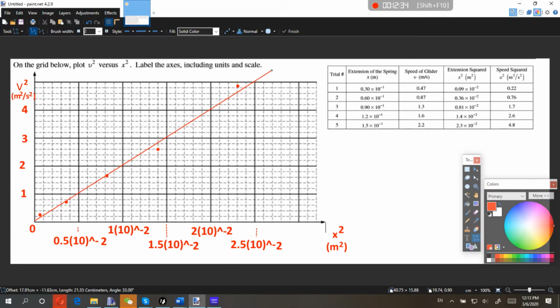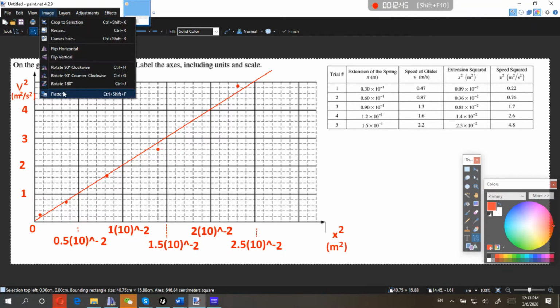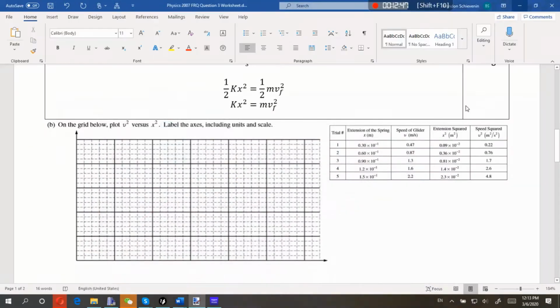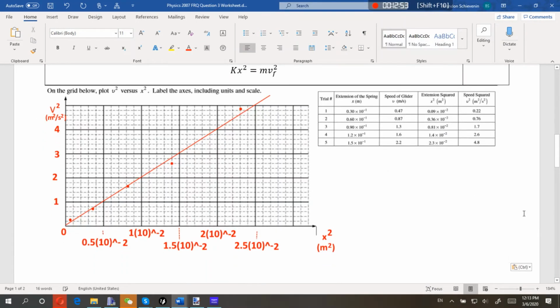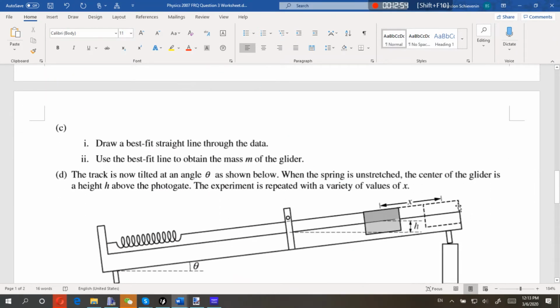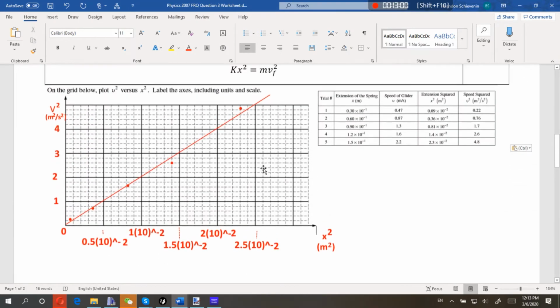Okay, so maybe something like that. Okay, draw best fitting line. We did that. Use the best fitting line to obtain the mass of the glider.